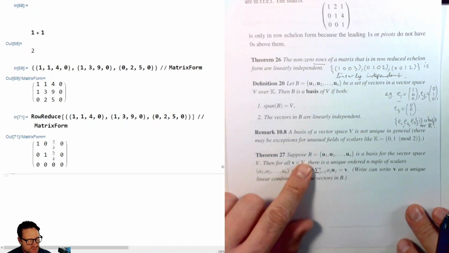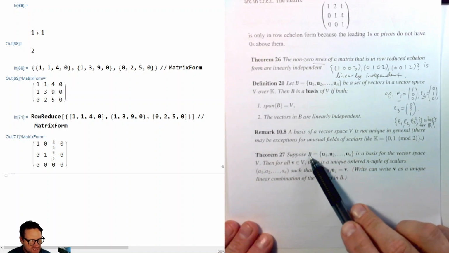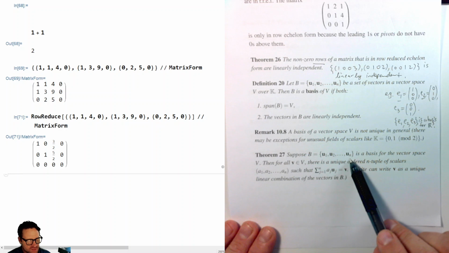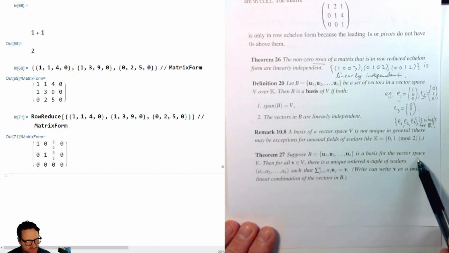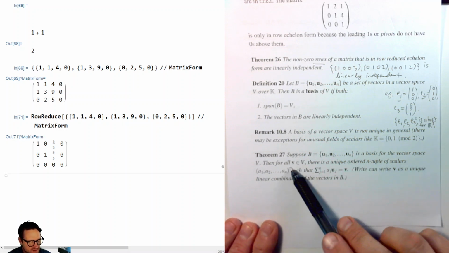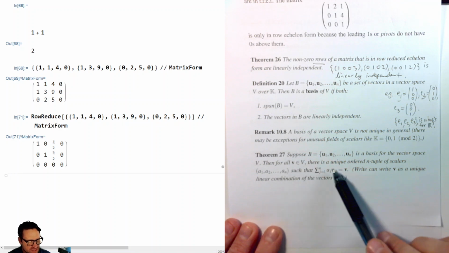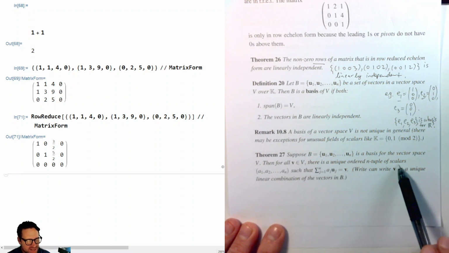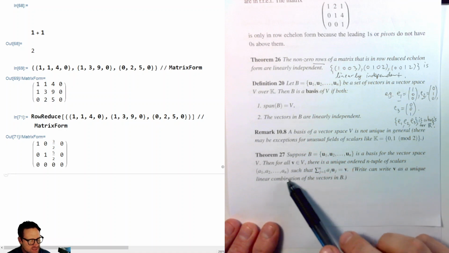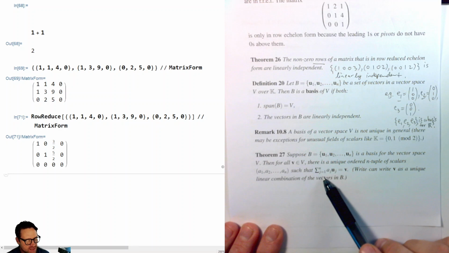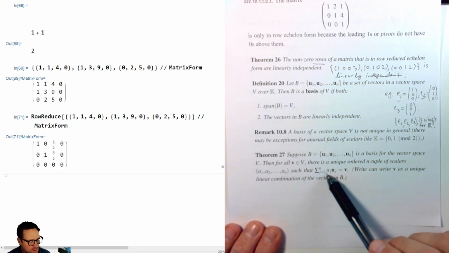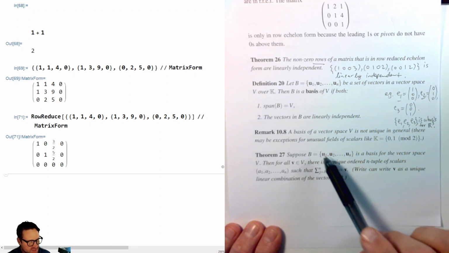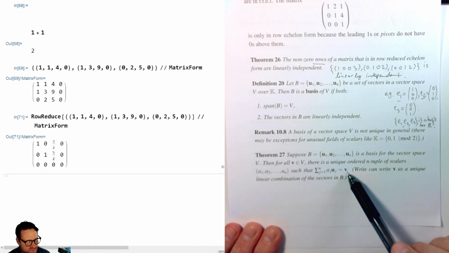Okay, suppose we have B, u1, u2 up to un. Suppose this is a basis for the vector space V. Then for all v in the vector space V, there is a unique ordered n-tuple of scalars a1, a2, dot, dot, dot, up to an, such that this sum of linear combinations of these basis vectors gives us v.